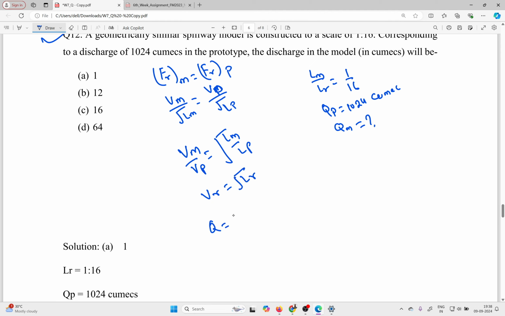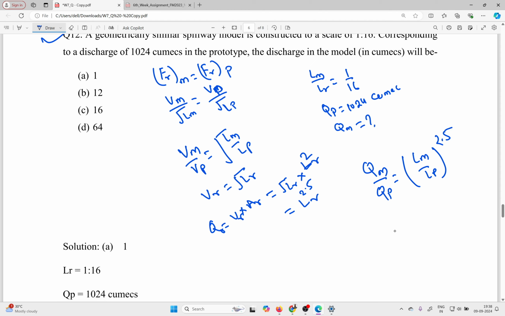So discharge is equal to velocity into area. So that is Qr, that is Vr Ar. Vr is equal to nothing but root Lr, and Ar is equal to Lr square, because area is meter square. So here Lr to the power 2.5. So Qm by Qp is equal to Lm by Lp to the power 2.5.